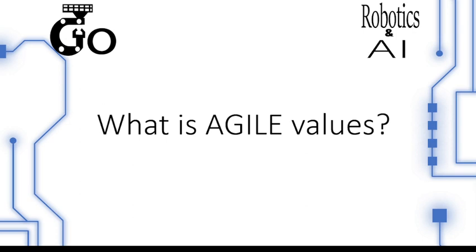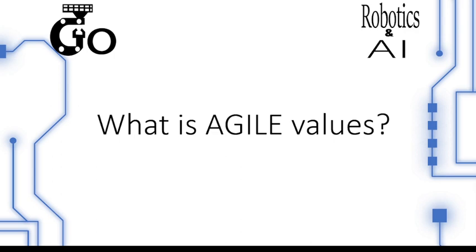First, I would like to start our presentation by asking a question: what is Agile value? As I tried to explain in the previous video, Agile provides a methodology, a philosophy for the company in order to be more flexible. So it provides the 12 principles and 4 values.